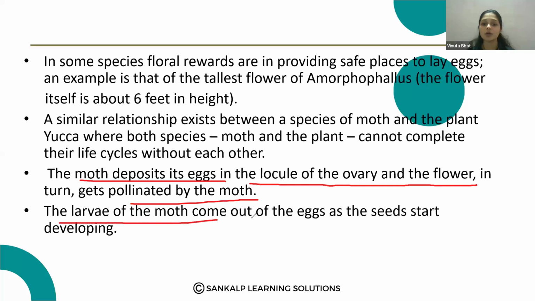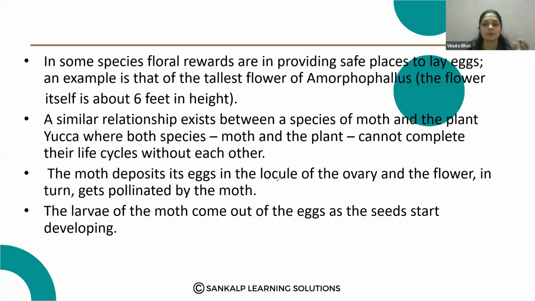The larvae of the moth come out of the eggs as the seeds start developing. So that is how there is a mutual relationship between the moth and that plant.